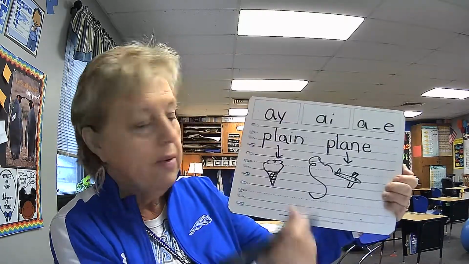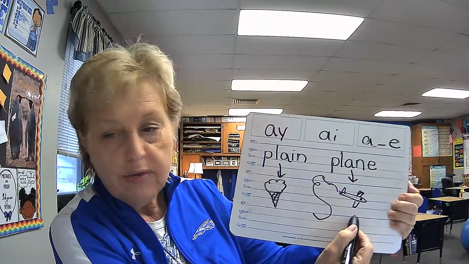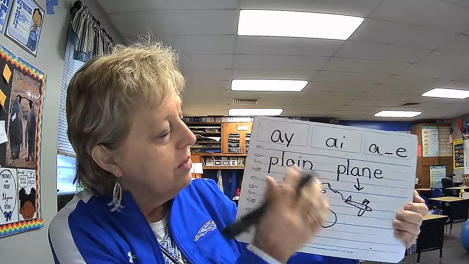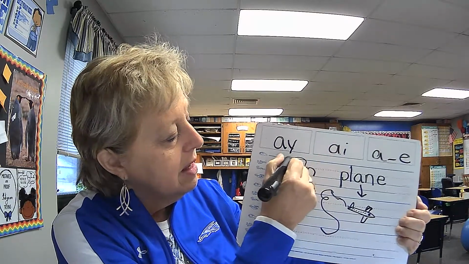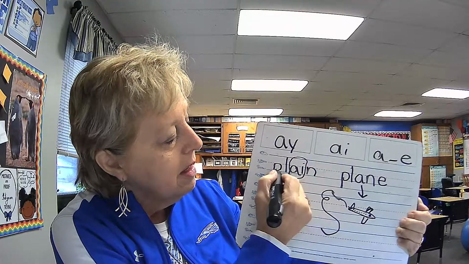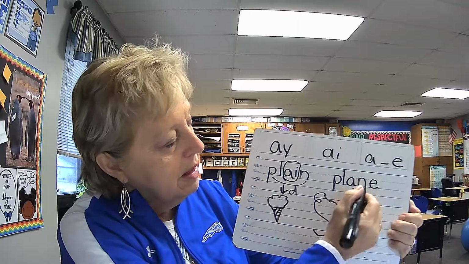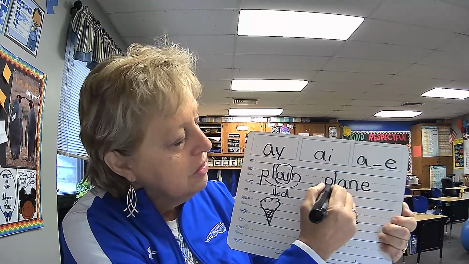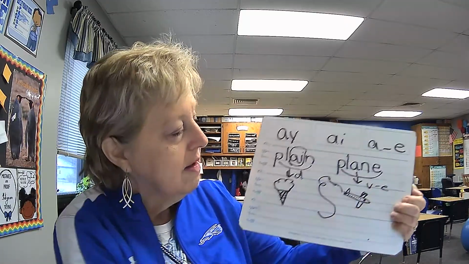All right, so we have plain vanilla ice cream and plain that's an airplane. Now, the way we would mark this is plain vanilla is scoop it and it is double vowel. Plain, that's the airplane, it is scooped and it is vowel consonant E.